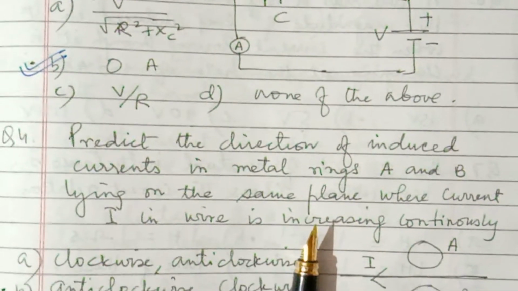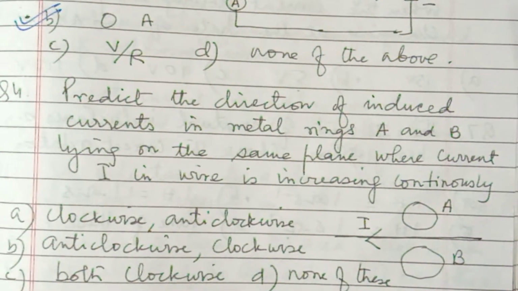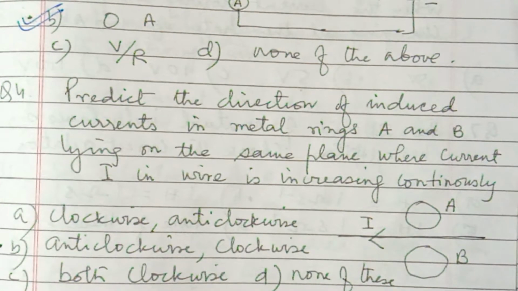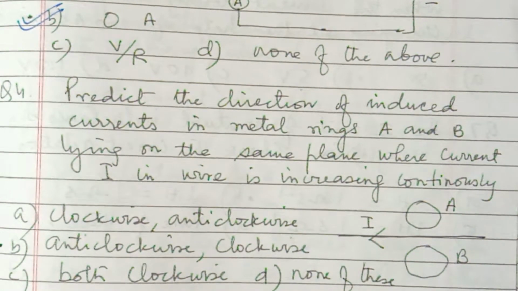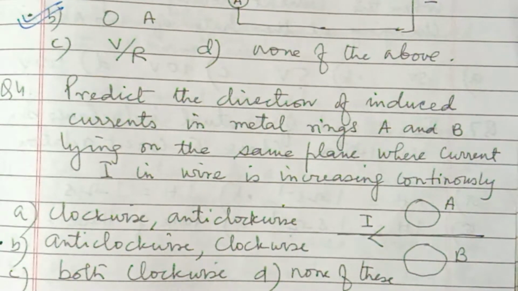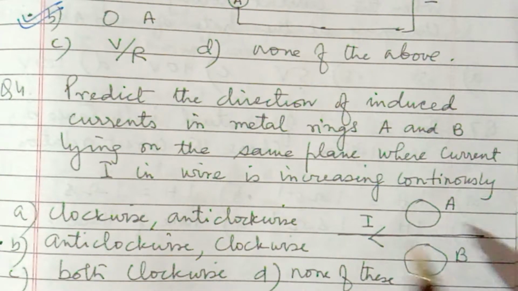Now the next question is: predict the direction of induced current in the metal rings A and B lying on the same plane where the current I in the wire is increasing continuously. Here the wire is there and two metal rings are kept.